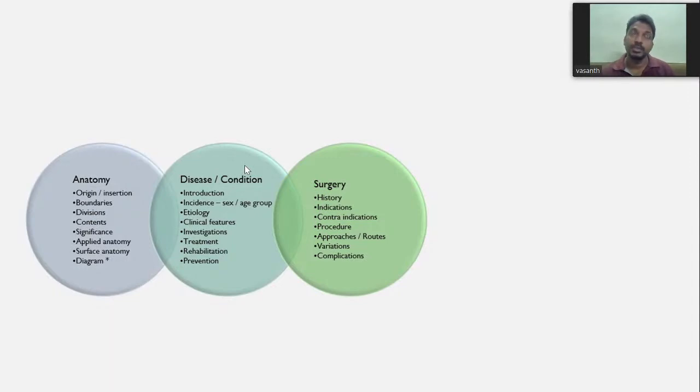Say, for example, if you have a question about allergic rhinitis, then you can imagine what the introduction will be like. Introduction will be, what is the disease about? It's allergic rhinitis. You have to give some introduction about that, then incidence, who it may affect, male or female, both, which age group it can affect, the pediatric population also, and most commonly the middle age group people.